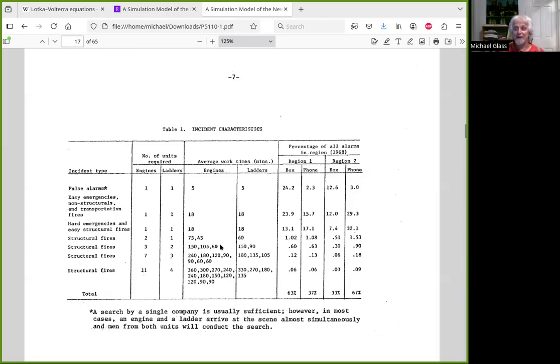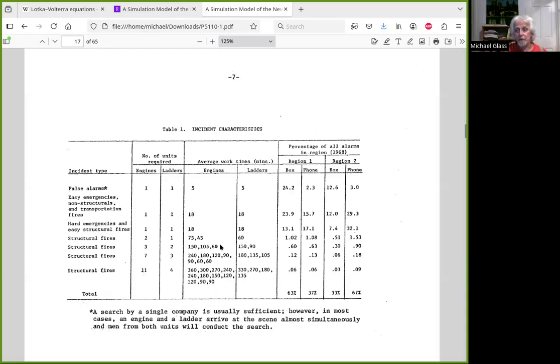What you do is you play the game. You build a game and you play it for a long time, in simulated time. And from that, you can measure how often a call comes in and something's not available, and how much your delays are.